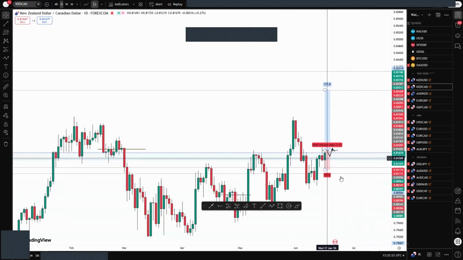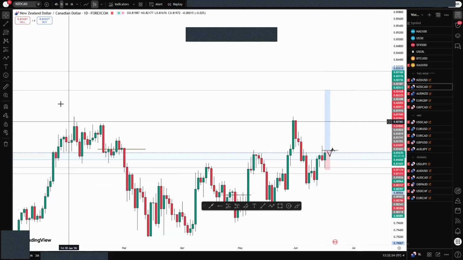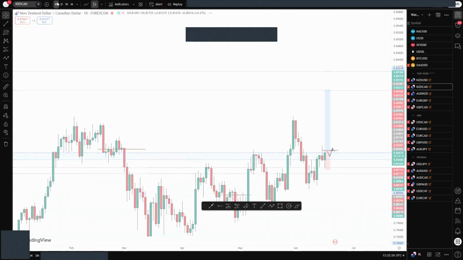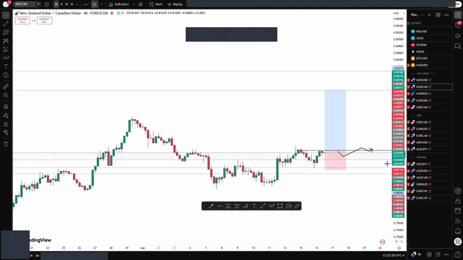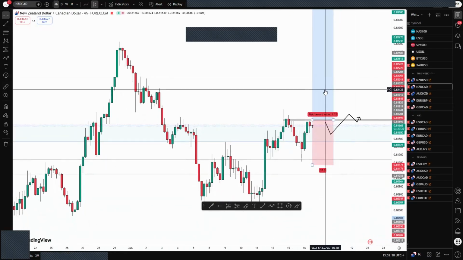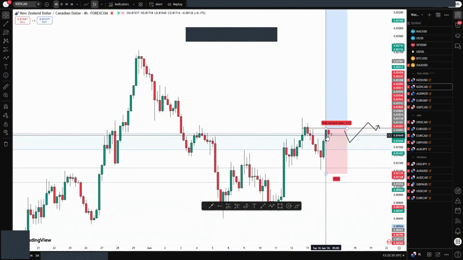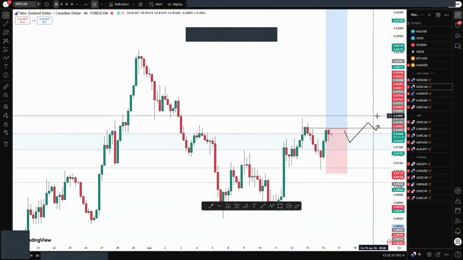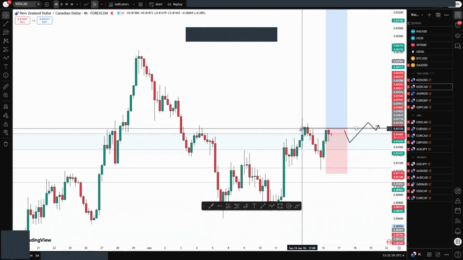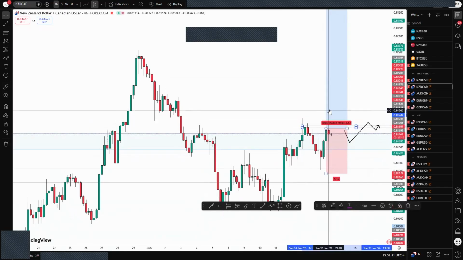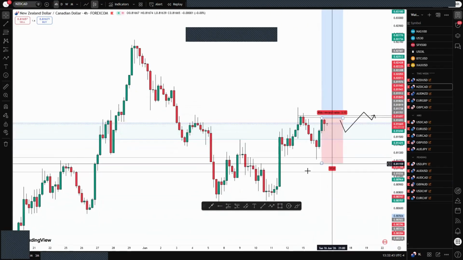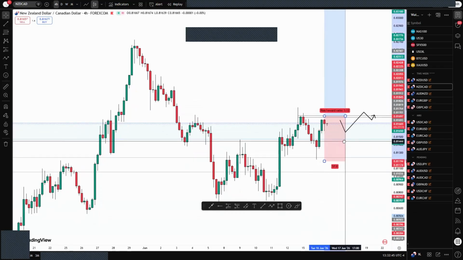Because right now, if you can see this, this is taken as an entry. The only thing that is left is waiting for the 4 hour to break above here. Once the 4 hour breaks above this level, this entry is legit in the daily time frame, just right there.